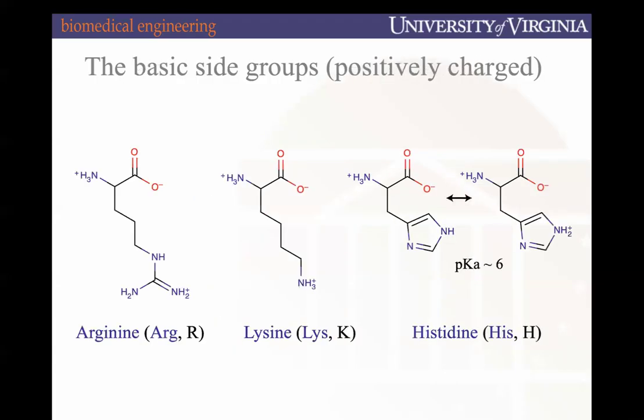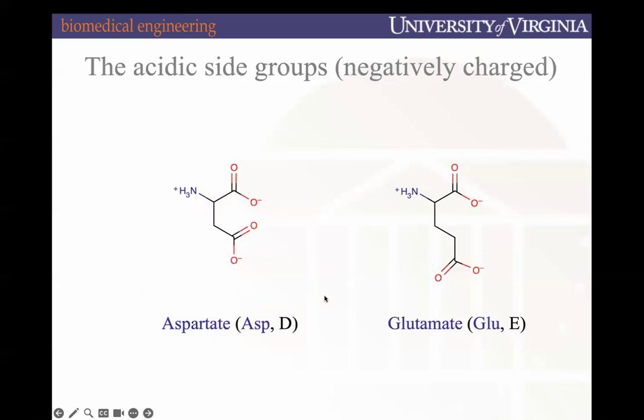So if I go back and look at these positively charged ones, we can see that there's a positive charge on this side group here and on this side group here. When we look at aspartate and glutamate, there's a negative charge on the side group here and a negative charge on the side group here. And so it's important here for you guys to know what our positively charged and negatively charged amino acids are.